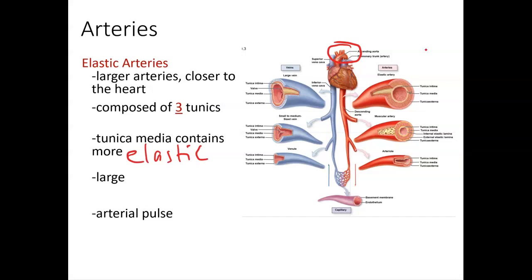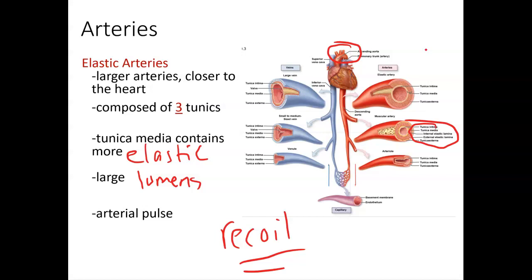Because they're responsible for the recoil. Of all the arteries, they are going to have the largest lumens. They'll have the fastest flowing blood. And they have an extra membrane called an internal or external elastic lamina. Now, we're not going to worry about exactly where those are, but just know they have extra elastic tissue to really help with that recoil.